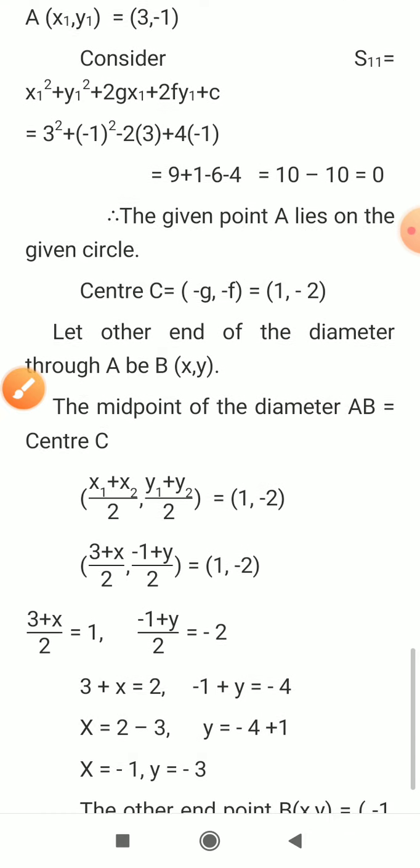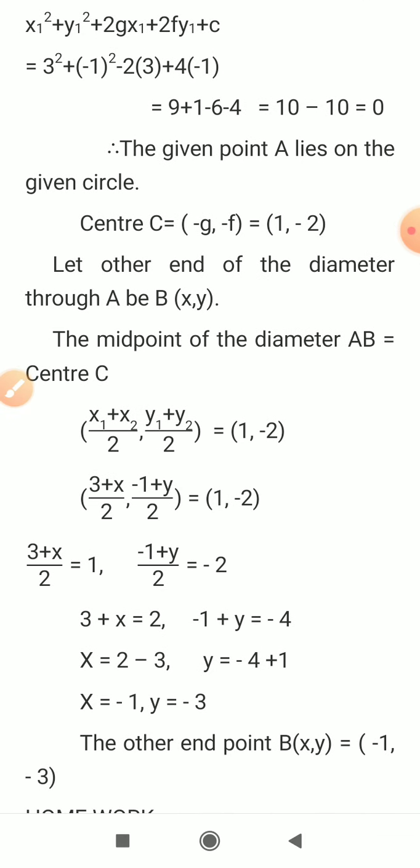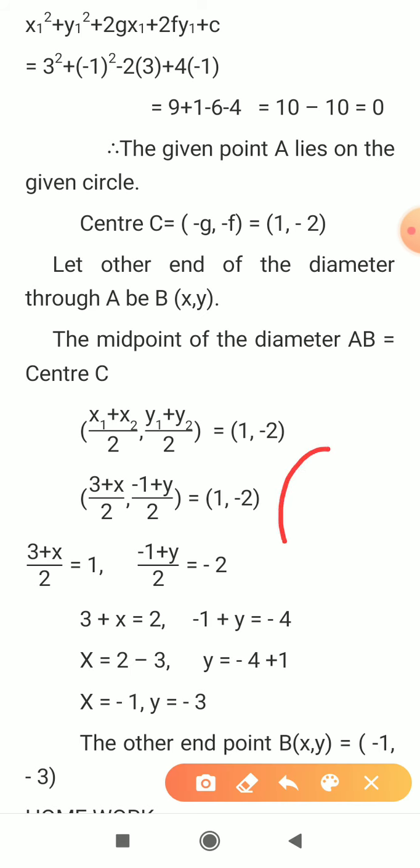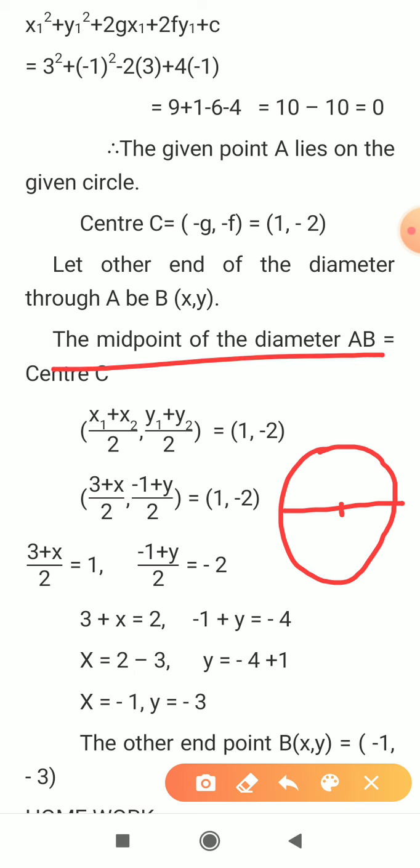Okay. So let the other end be B(x, y). Already we said this is the circle, this is the diameter, this is the center. So the center is the midpoint of AB. You know the formula of the midpoint. What is the formula of midpoint? ((x1 plus x2) by 2, (y1 plus y2) by 2) is equal to the center (1, -2).